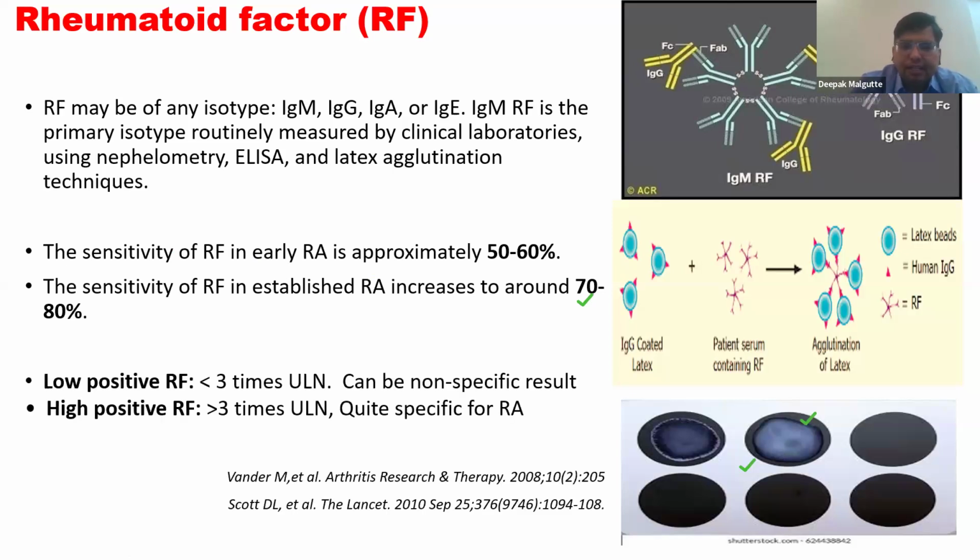A low positive RA factor is when the titer is less than 3 times the upper limit of normal, and this can sometimes be non-specific. A high positive RA factor is when it is more than 3 times, which is quite specific for rheumatoid arthritis.